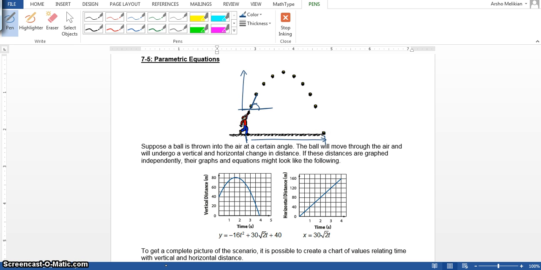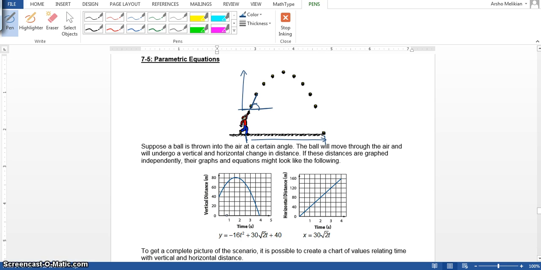What we can do is graph these distances independently of one another. In this case, we've graphed just the vertical distance with respect to time. And notice we did change the equation. We just swapped these because it was wrong before. If you look at just the graph for the vertical distance, at time t equals 0, the ball was at a level of 40 feet above the ground.